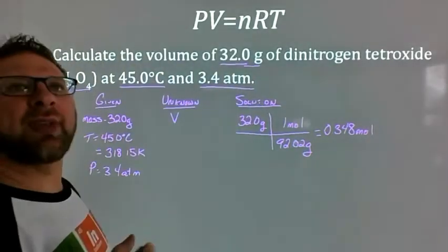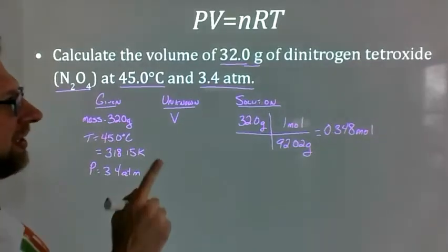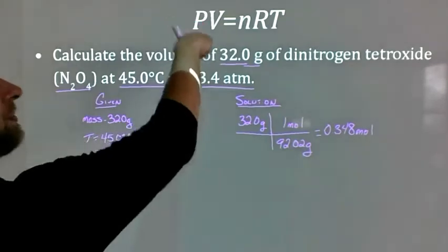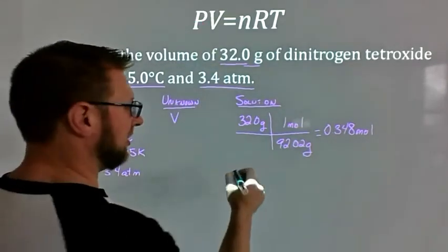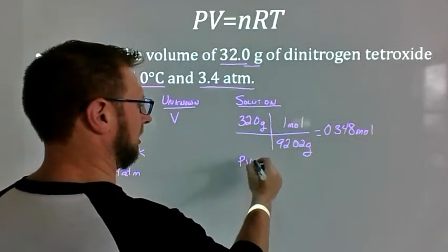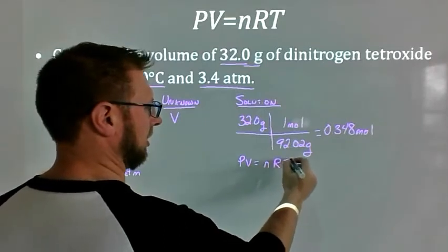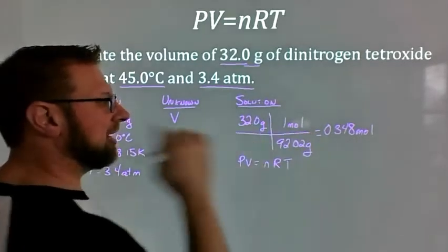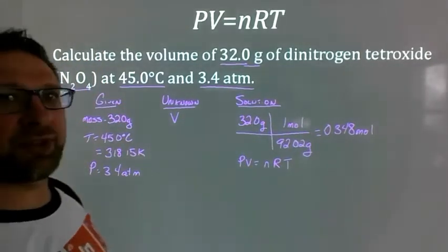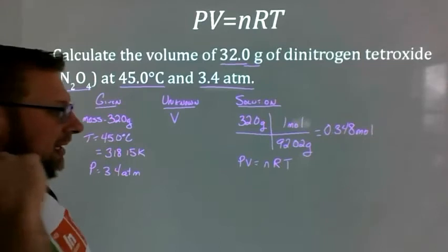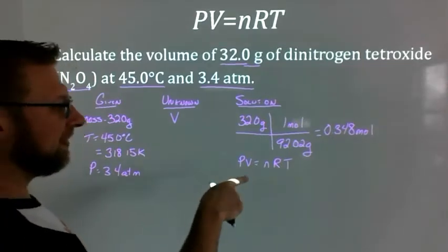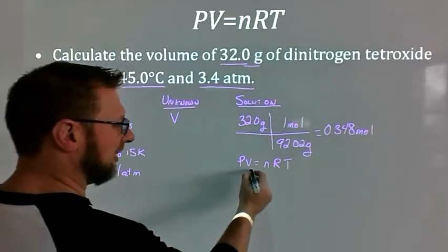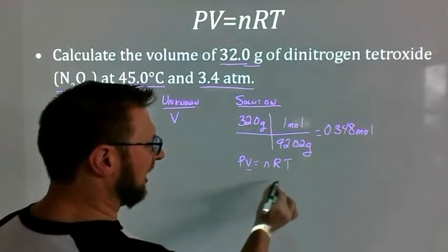So we had to do one extra preliminary step to go from mass to moles. Now when we come up to PV equals nRT, we can rearrange this and plug our n in for moles, and then solve for V. Rearranging this equation, to get V by itself, I'm going to move P to the other side.